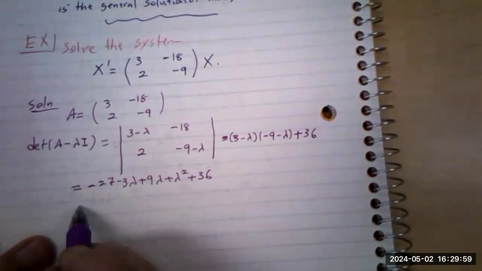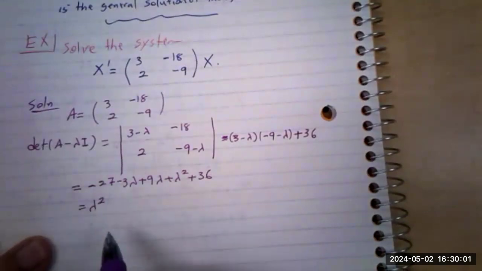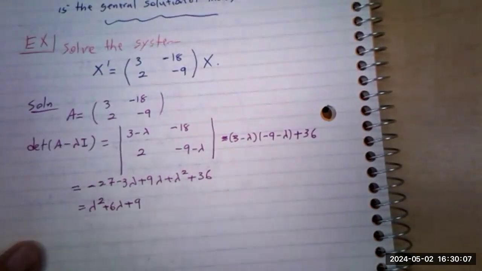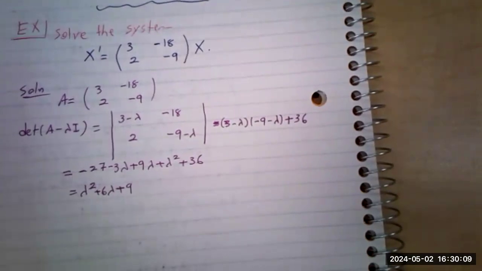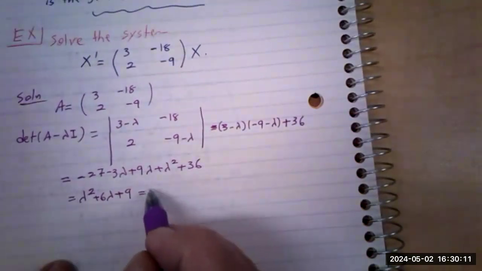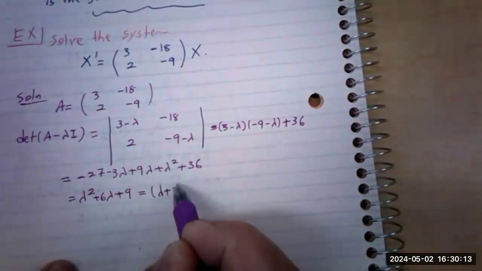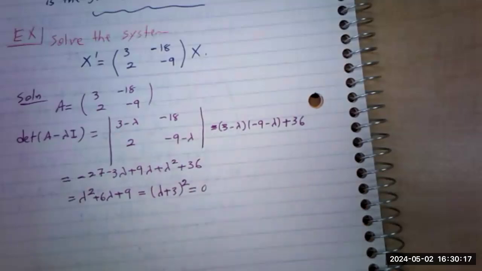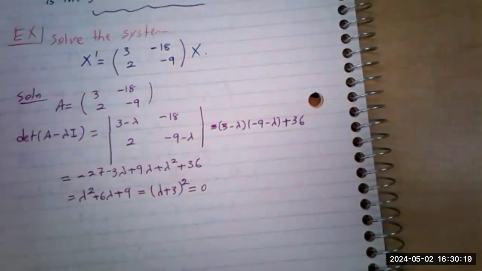Write it down as a quadratic form: lambda squared plus 6 lambda plus 9. You can see it's a perfect square. That gives you lambda plus 3 squared, or just lambda plus 3 times lambda plus 3. So you get the repeated solution here.